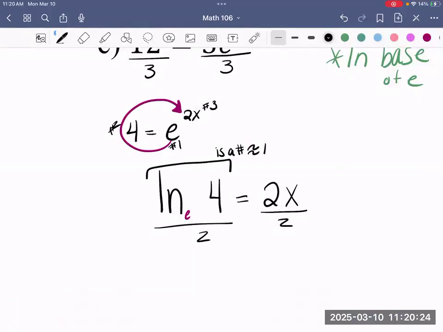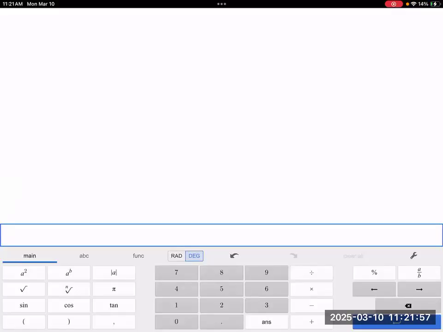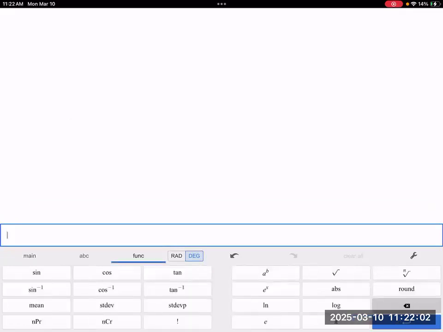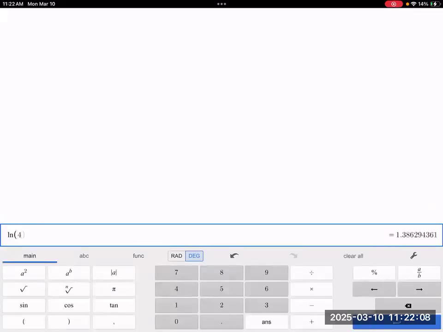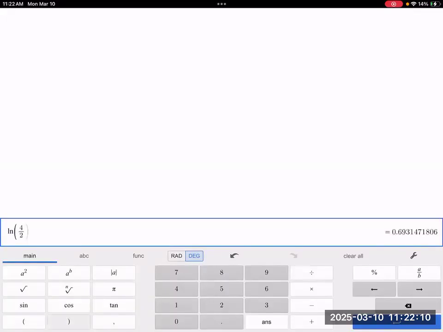So about 1.4-ish. So you would have to divide this 1.4 by 2. So you'll notice that if, on accident, you divided ln of 4 by 2, that just means ln of 2, right? Oops.